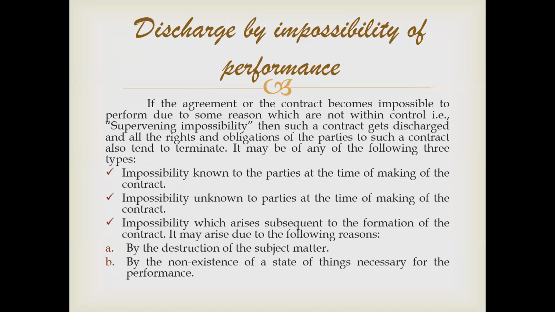It may be of these types: impossibility known to the parties at the time of making the contract, impossibility unknown to the parties at the time of making the contract, and impossibility which arises subsequent to the formation of the contract. It may arise due to the destruction of the subject matter and the non-existence of a state of things necessary for the performance.